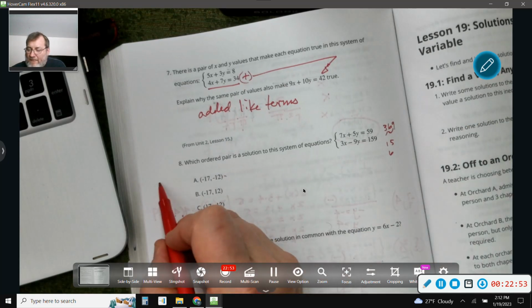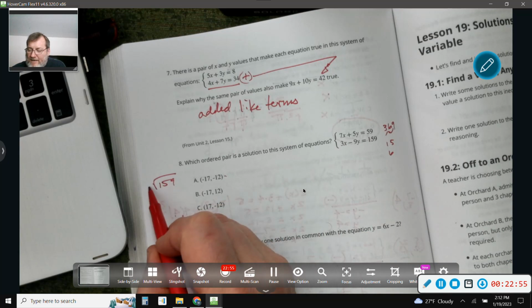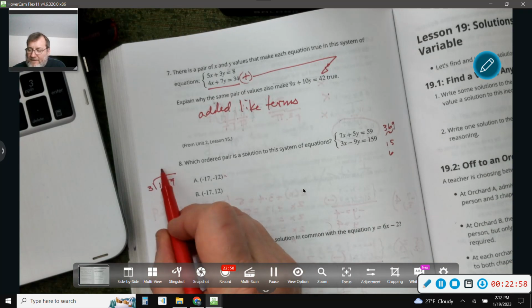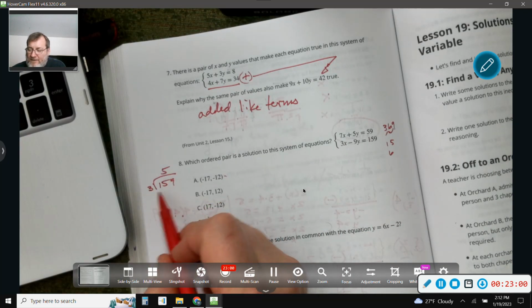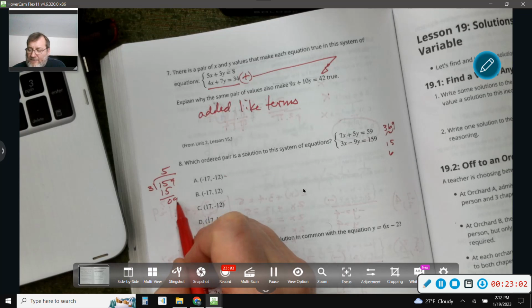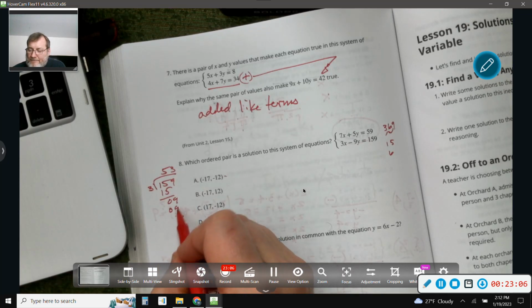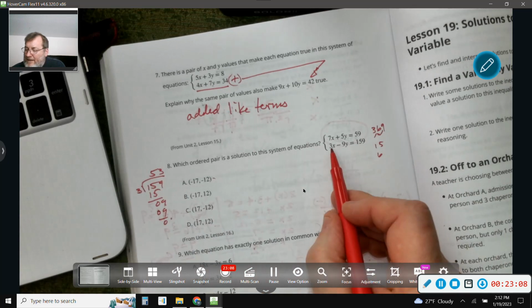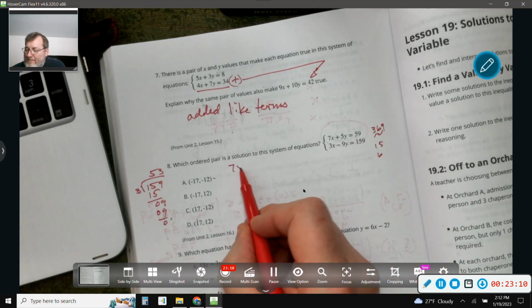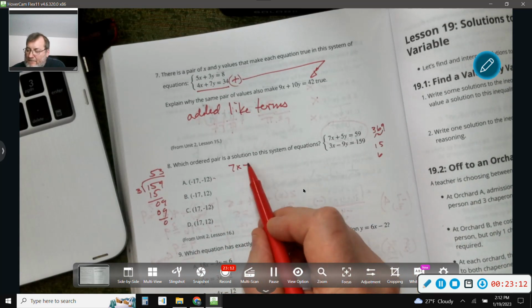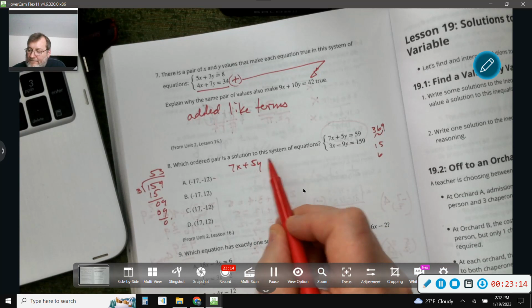So if I take 159 and divide it by 3, 3 goes into 15 5 times. There's your 15, carry it down, there's a 9, 3 goes into 9 3 times. So if I take a 3 out of here, I'll have my same one, 7x plus 5y equals 59.